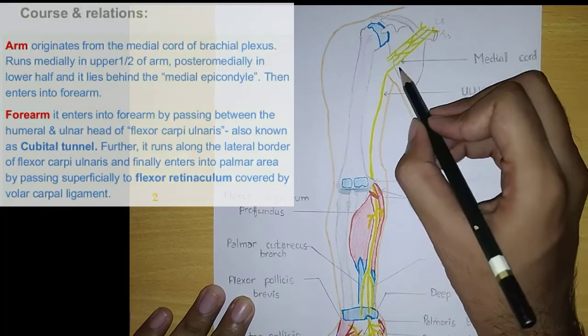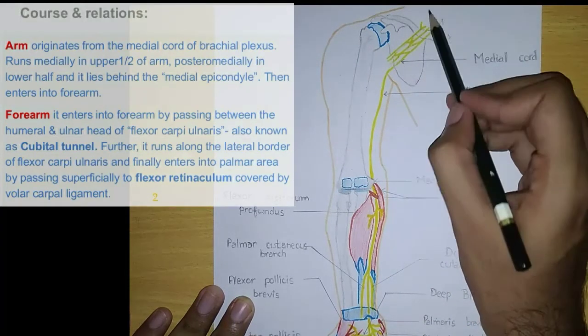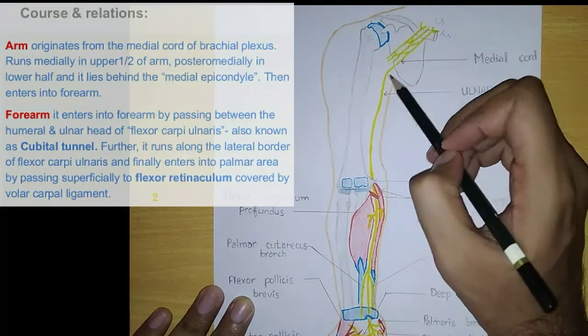Ulnar nerve originates from the medial cord of brachial plexus. That one is the brachial plexus.